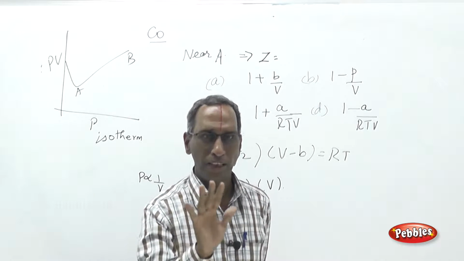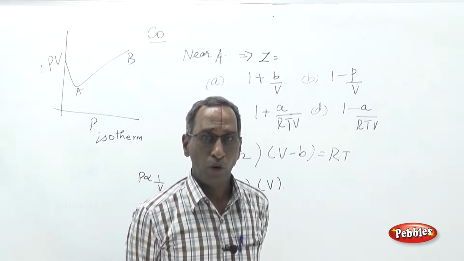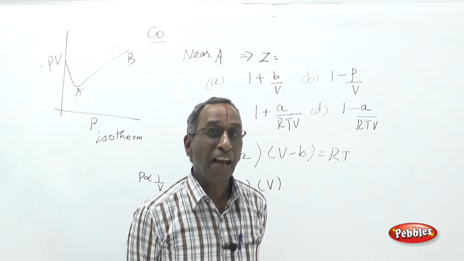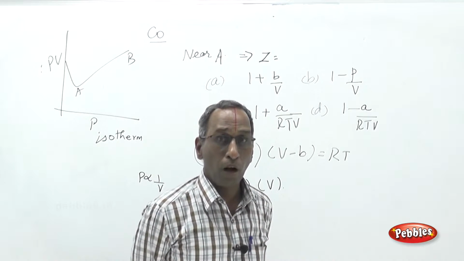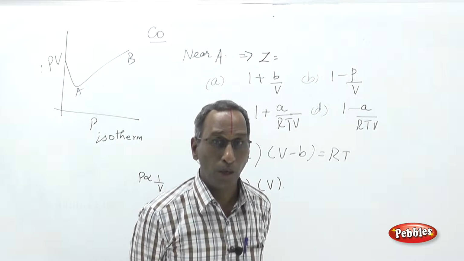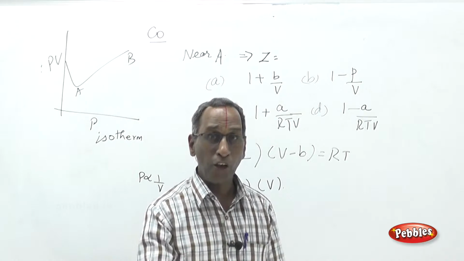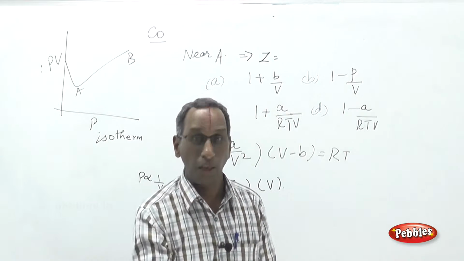Let us consider for simplicity, water, H2O, whose molecular weight is 18, which means that 18 grams of water contain 6.023 into 10 power 23 molecules. The same sentence can be put otherwise: the weight of 6.023 into 10 power 23 molecules is 18 gram.